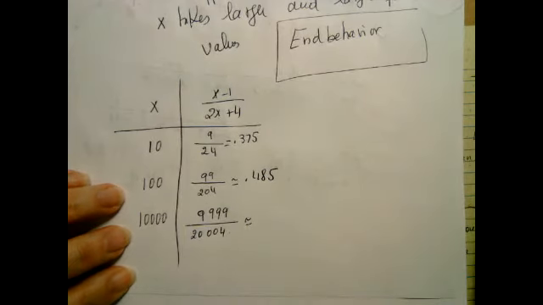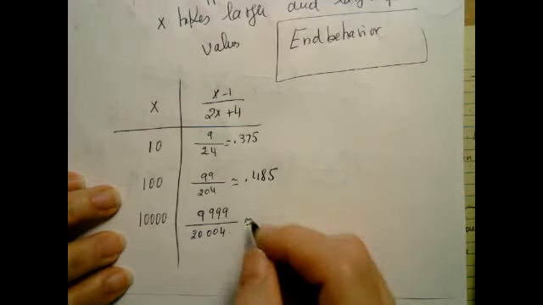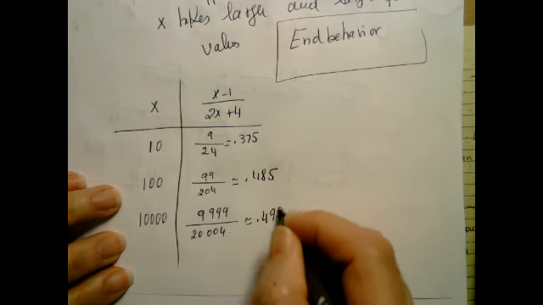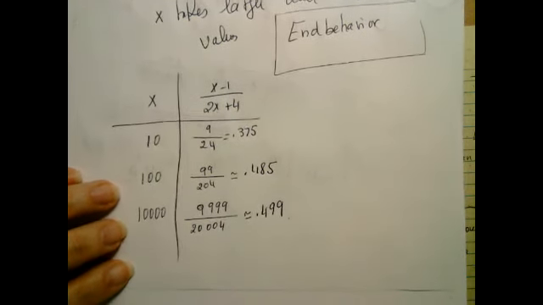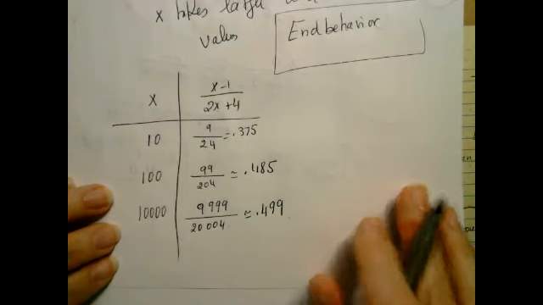Intuitively, what's happening? Divided by 20,004, I'm getting 0.499.